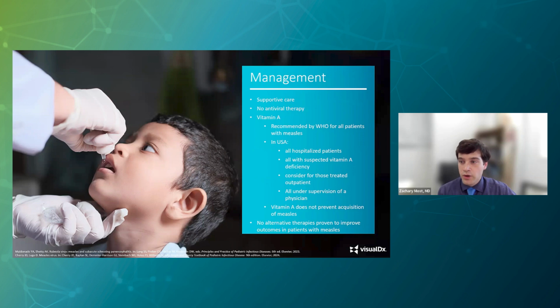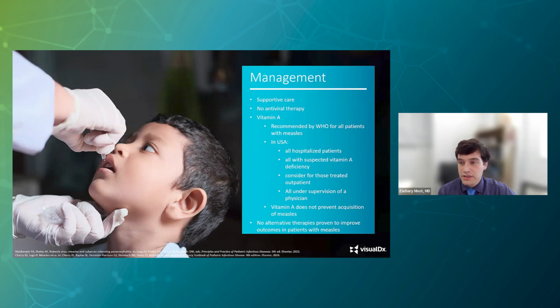In the United States, where nutritional deficiencies and vitamin A deficiency is much less common, it's really unclear exactly what the role is for vitamin A. So at the very least, I think most experts would recommend using a vitamin A supplementation for all patients with severe enough disease to be hospitalized, and for anyone who has suspected vitamin A deficiency or nutritional deficiency. And you can consider it for those that are being treated as outpatients with measles.